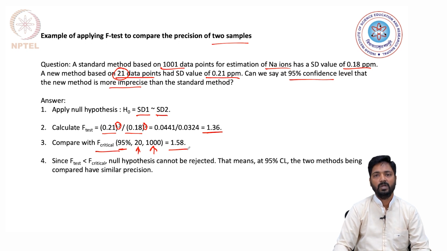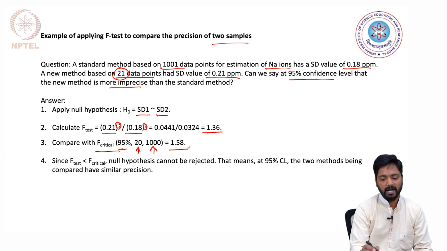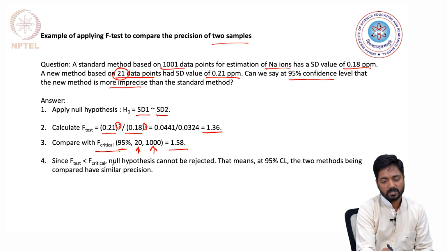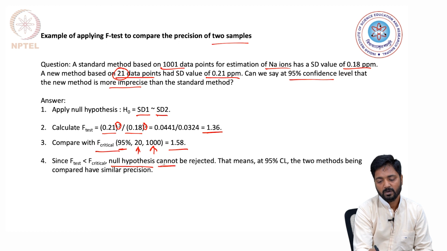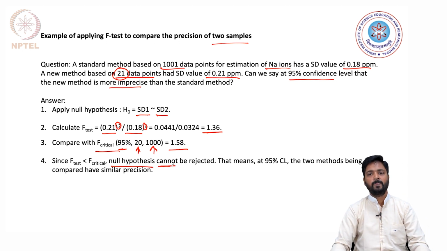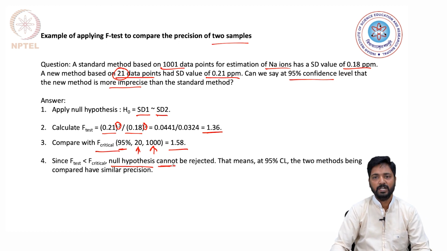So what we can say is that under these conditions the null hypothesis cannot be rejected. That means at 95% confidence level, the two methods being compared have similar precision. So we see how the F test is being applied in comparing the two different methods or samples.